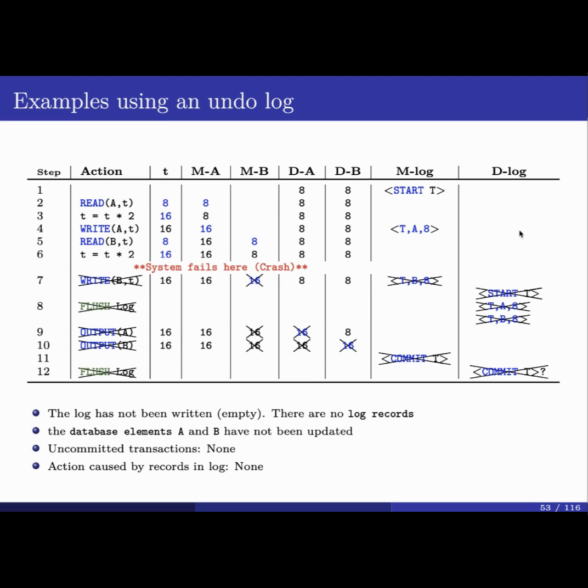Every time the system crashes, the database management system or the recovery manager is going to try to fetch the block that contains the log entry from the disk to the buffer in order to start processing and recover the system. So what do you have here? I have nothing, because the log is empty, there are no log records. That means there's no uncommitted transaction. So what action do I need to perform? Nothing.